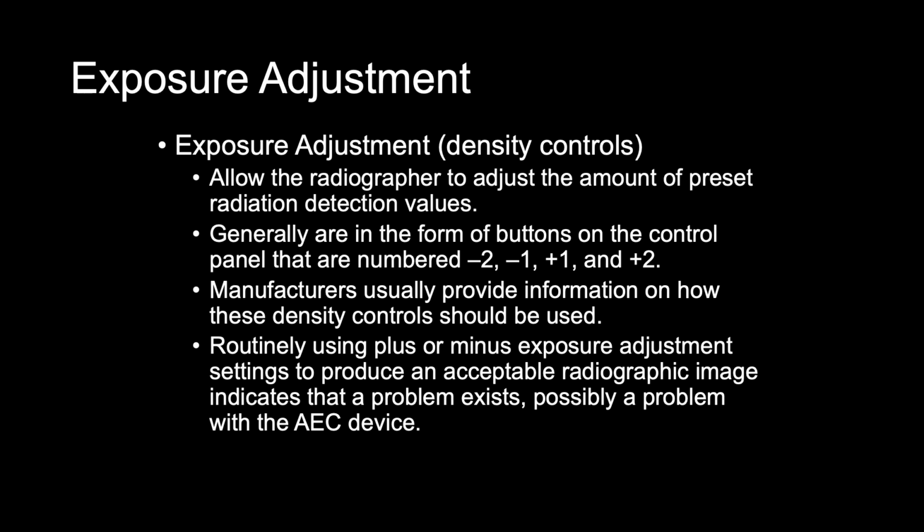The actual numbers presented on the exposure adjustment vary, but each of these buttons changes exposure time by some predetermined amount or increment expressed as a percentage. A common increment is 25%, meaning that the predetermined exposure level needed to terminate the timer can either be increased or decreased, either plus 25% or minus 25%, or 2 increments, plus 50% or minus 50%.